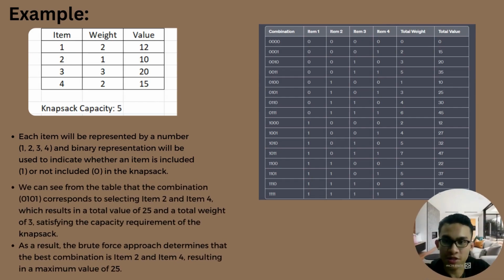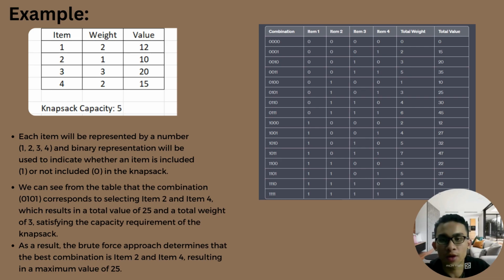Here is an example question involving the knapsack problem using the brute force approach as the solving method. The table stated above consists of 4 items named item number 1, number 2, number 3, and number 4, along with their weights and values.